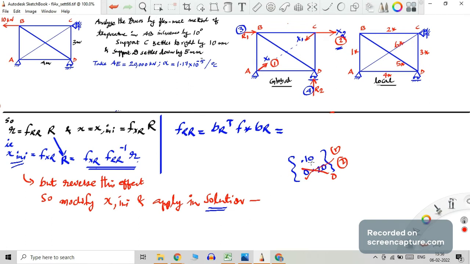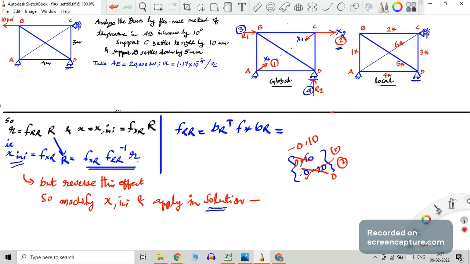And also, since you applied this 0.10, you reverse this and minus 0.10 has to be applied. Actually you may think that we are doing this arbitrarily. We are not doing it arbitrarily. We can derive this, even though I have discussed the reason, in a more elegant, rigorous manner, but we are skipping that. I have just explained the principle. Once you got x initial, that x initial was on a determinate structure.